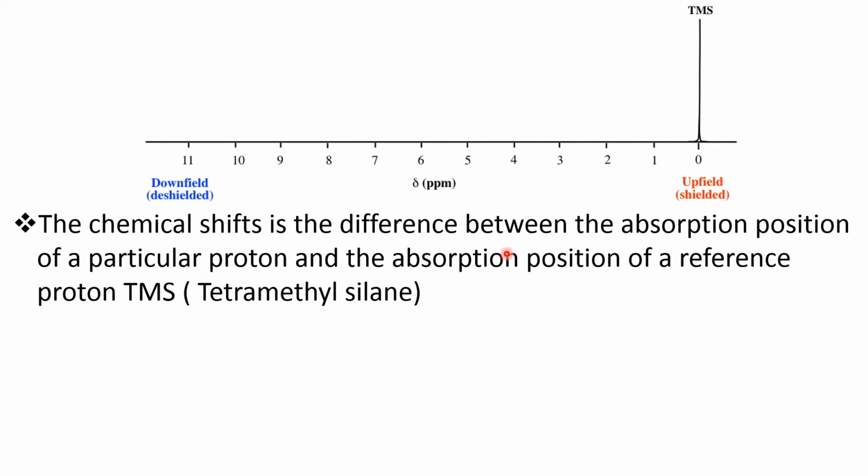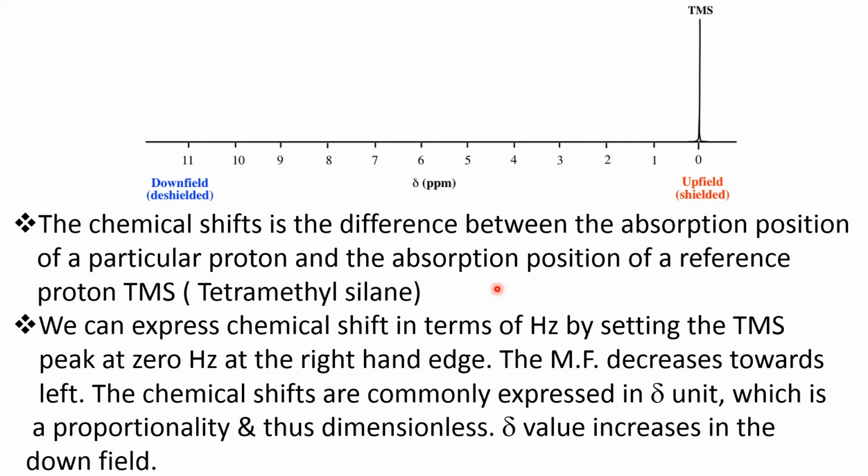Chemical shift is the difference between the absorption position of a particular proton and the absorption position of a reference proton, TMS, that is tetramethylsilane. Already I explained. Now, we can express chemical shift in terms of Hertz by setting the TMS peak at 0 Hertz at the right hand edge.